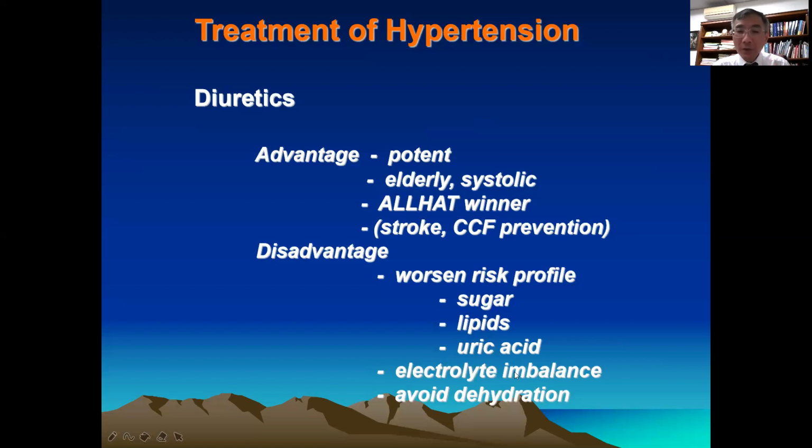So diuretics can cause electrolyte imbalance, and if a patient is dehydrated, such as losing appetite perhaps, or having diarrhea, and you further deplete the volume with a diuretic, then you can actually cause hypotension, renal failure, and bad things for the patient.